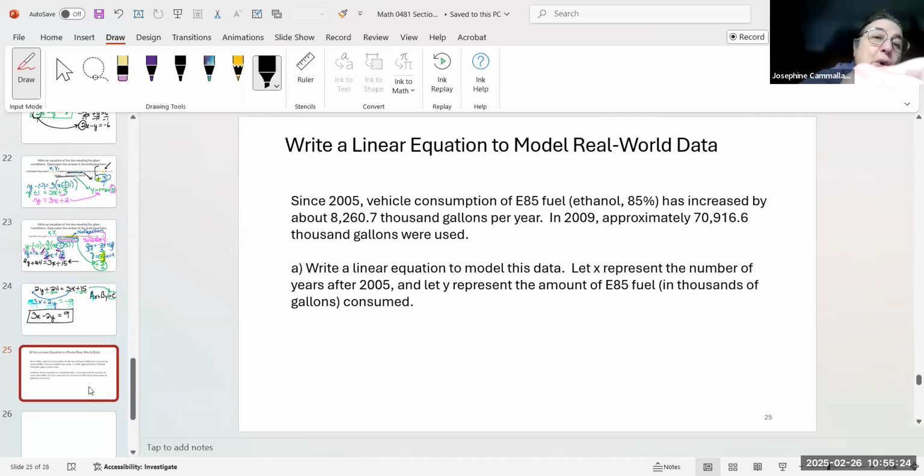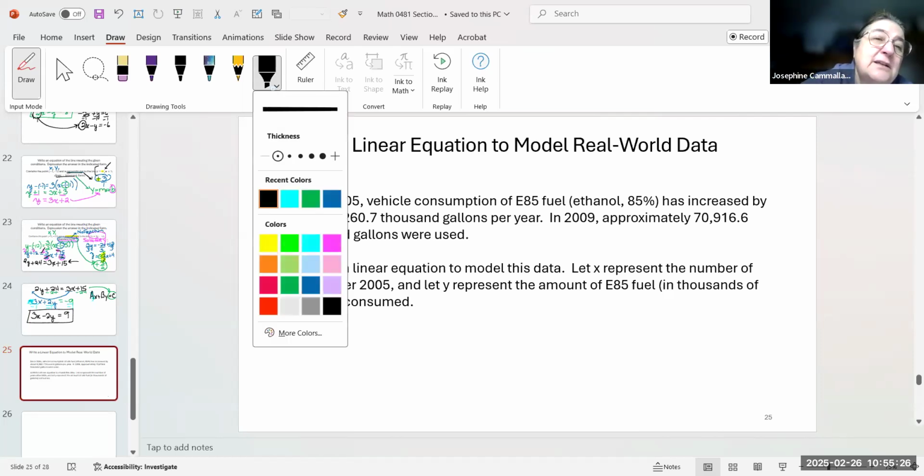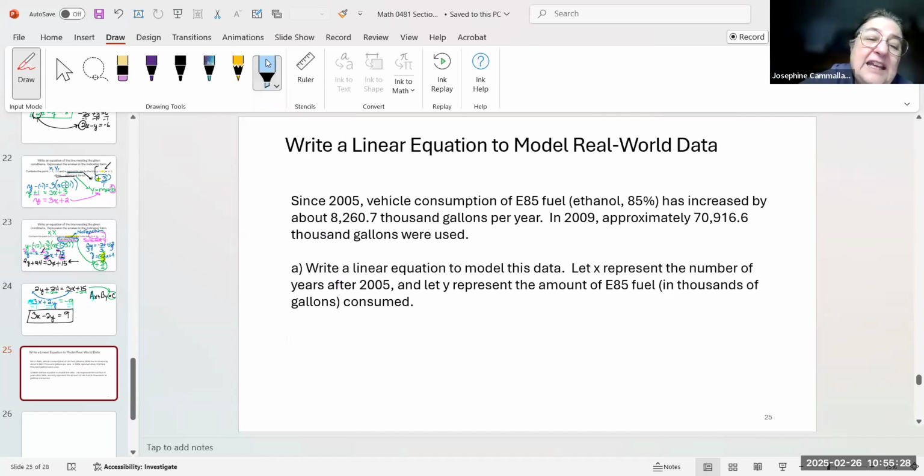Okay, we want to write an equation. Now, I'm going to be very honest. When you write an equation, write it in slope-intercept form.